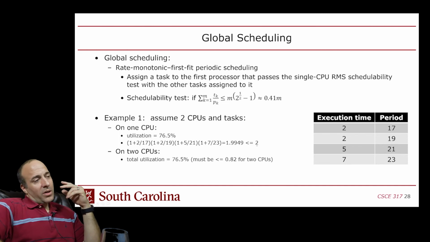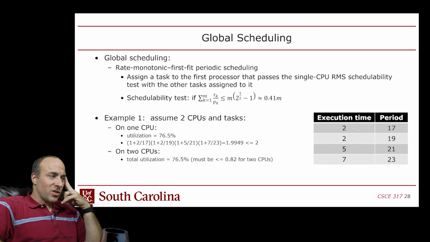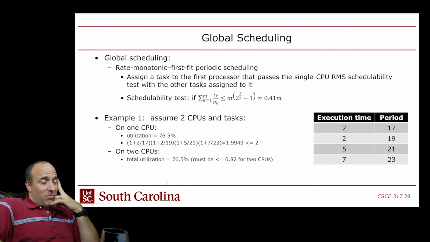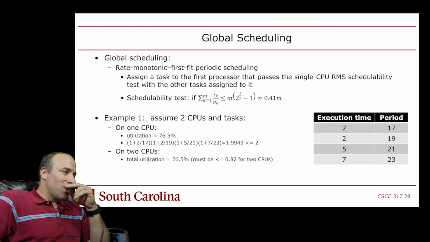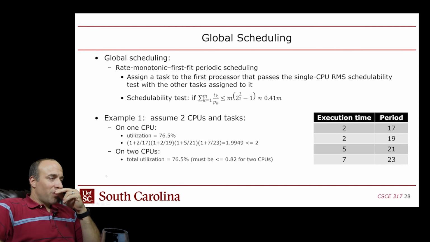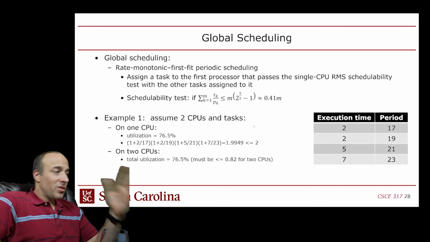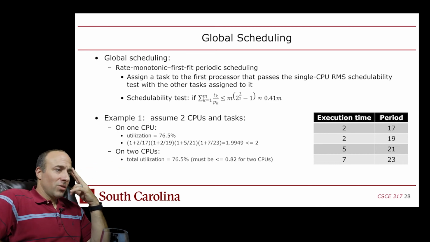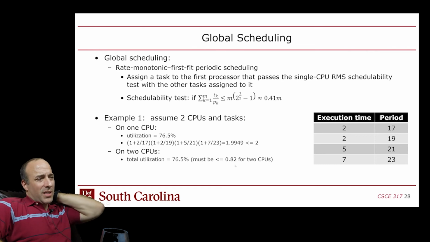That's less than or equal to 2. So technically these would schedule on one CPU. Would they schedule on two? I mean, you'd hope, right? If it works on one, it should work on two. Well, let's find out. The total utilization is 76.5, but if you take this 0.41 and multiply it by 2, you get 0.82. So yeah, it'll schedule on two CPUs. It kind of barely passes that, though.